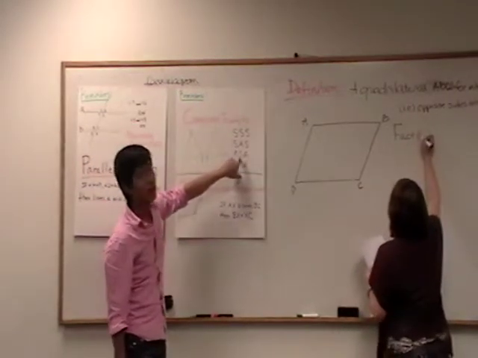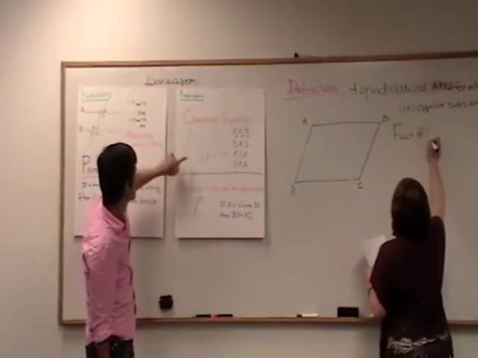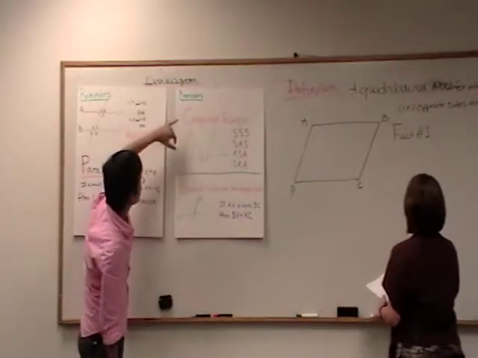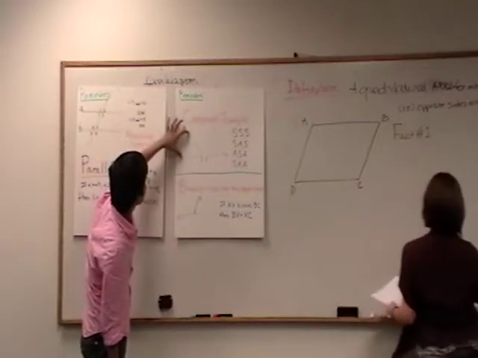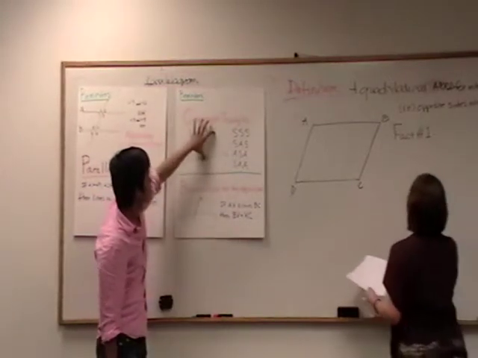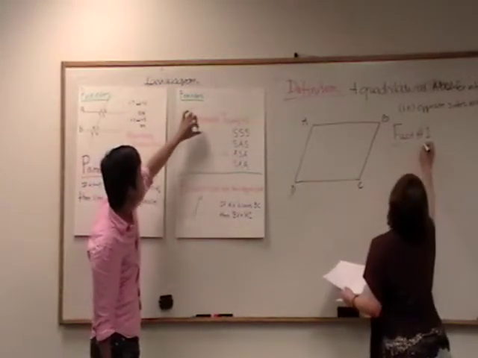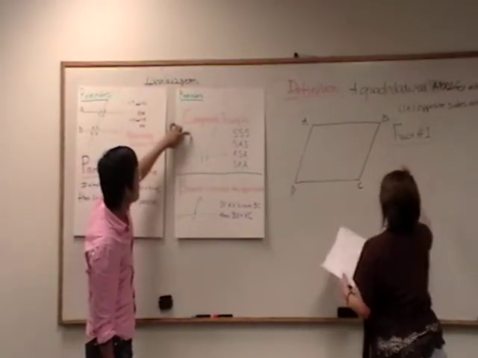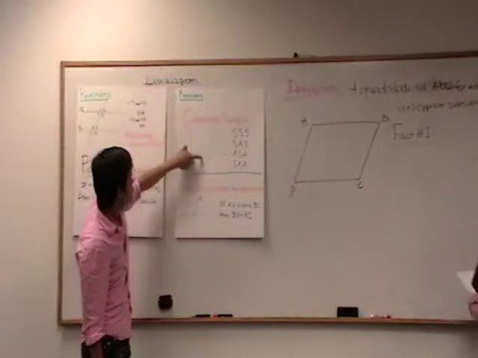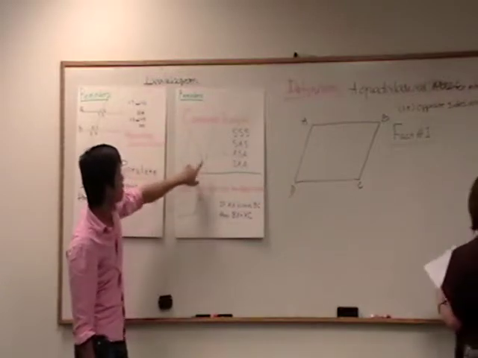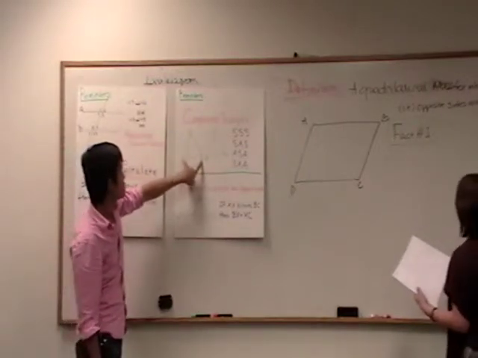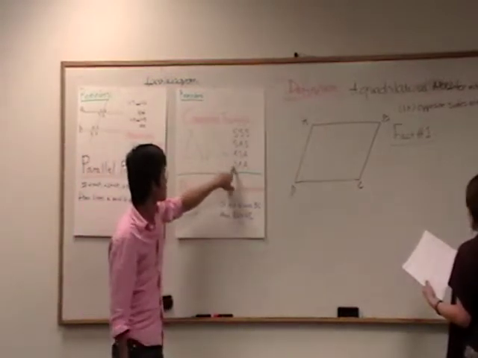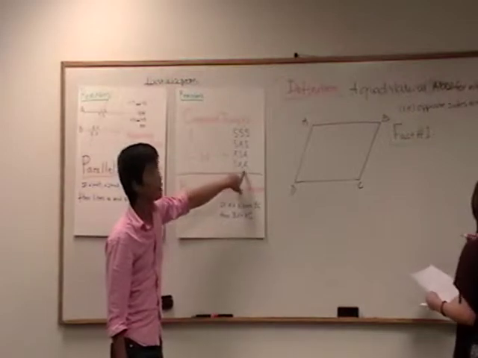Or angle-side-angle: angle C equals angle Z, and CA equals XZ, and angle A equals angle X. Or you can use another way, like angle A, side AB, and angle B, or angle B, side BC, and angle C. And the last one is side-angle-angle.